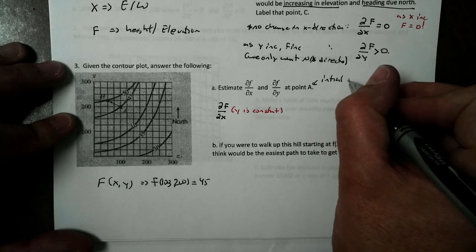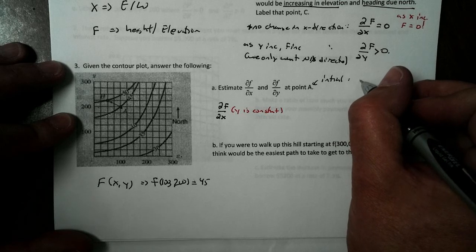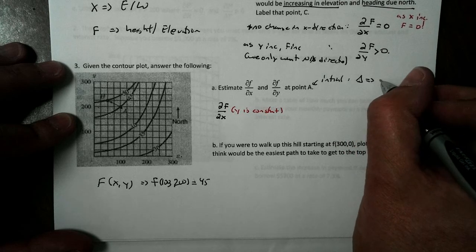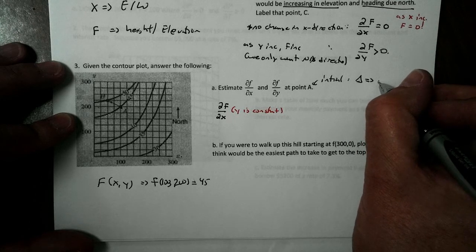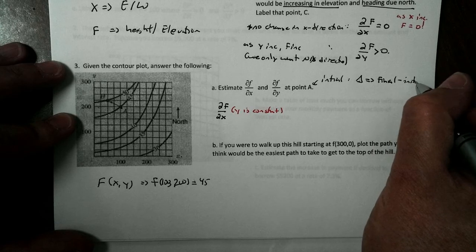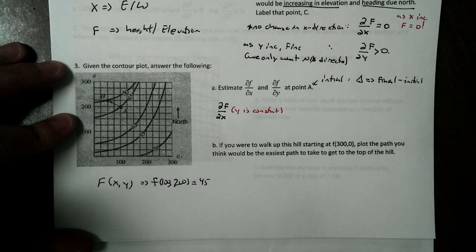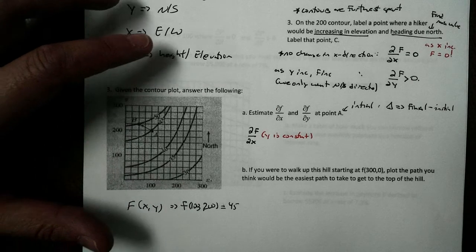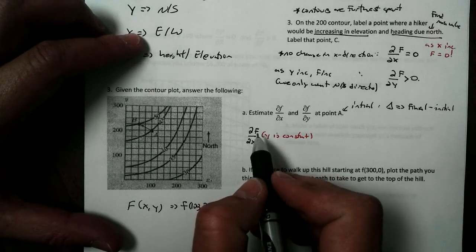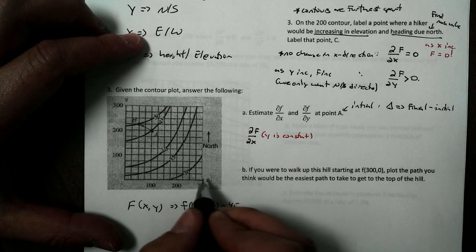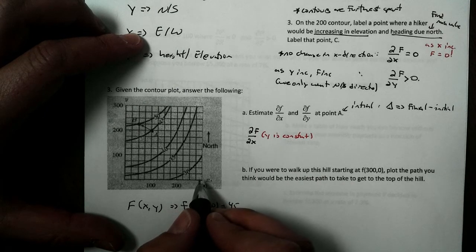And remember, to get the change in something, it's always final minus the initial. So if y is a constant, what we're really looking for is how the function changes with respect to my x value, my horizontal value right here.